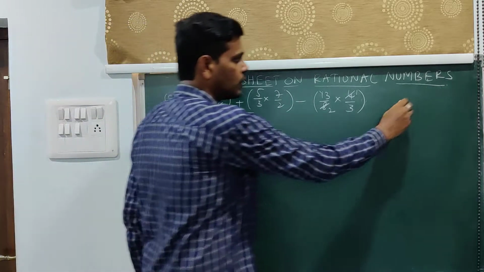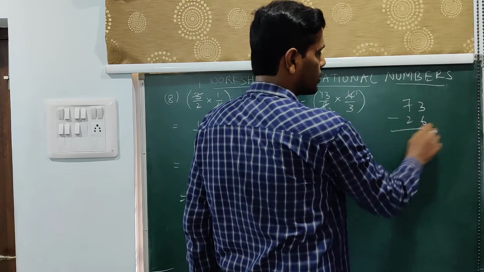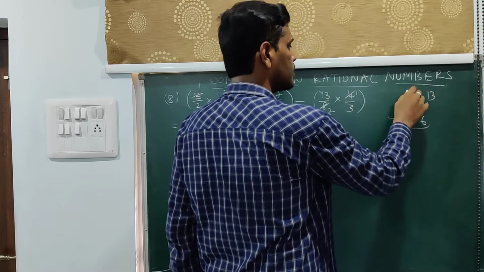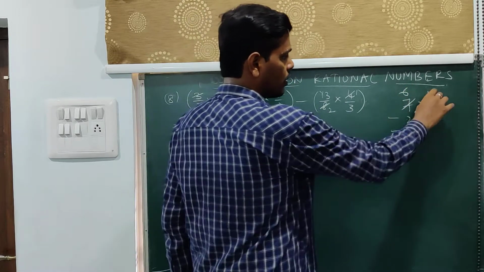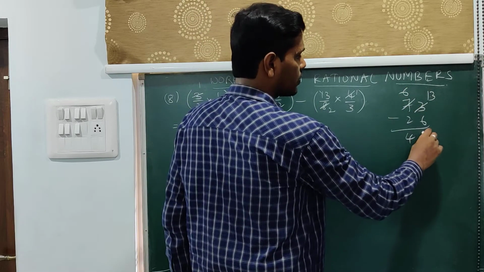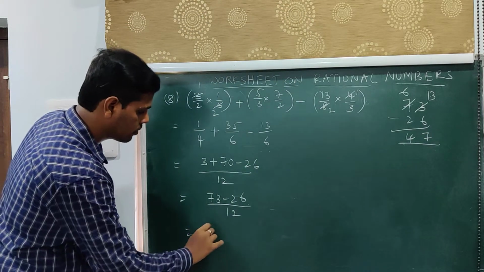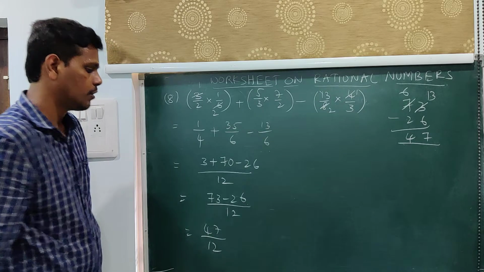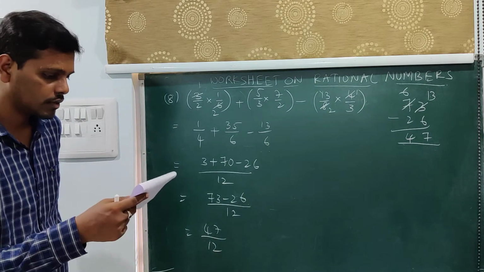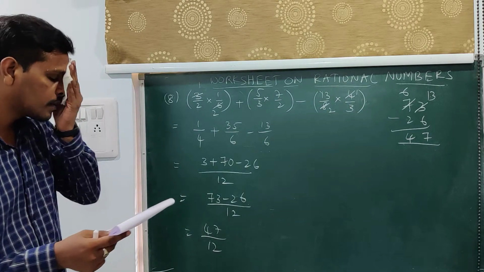Now subtract this. 73 minus 26: 13 minus 6 is 7, 6 minus 2 is 4. So this is 47, so 47 by 12. So that is the case with regards to the 8th problem.